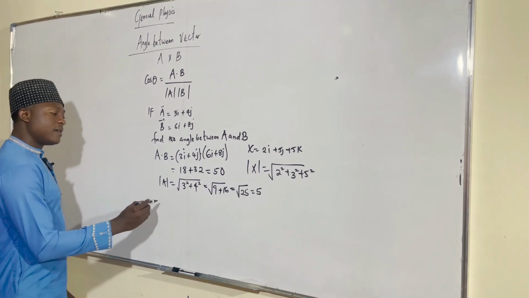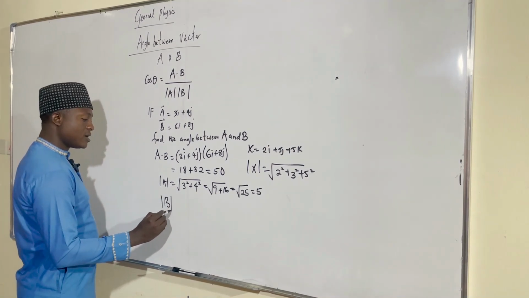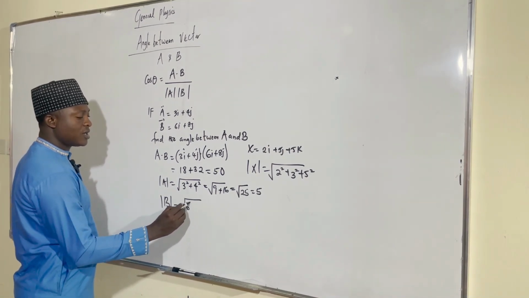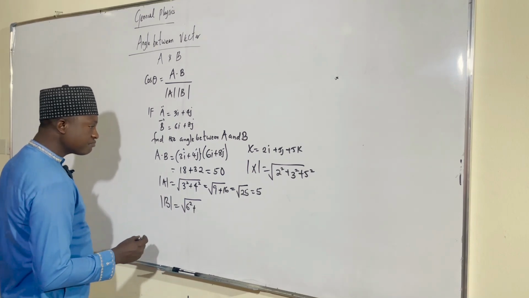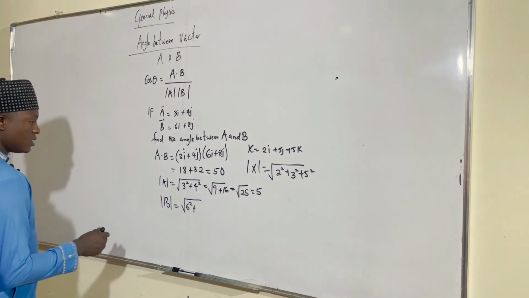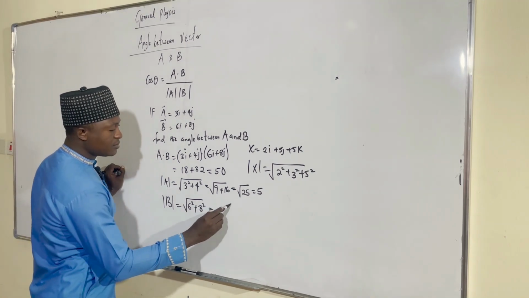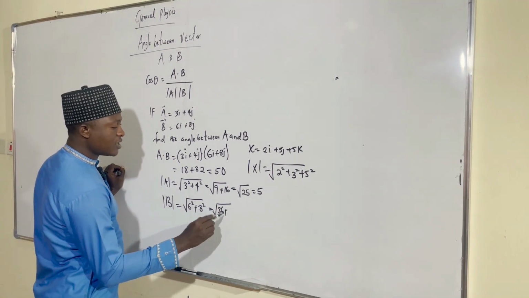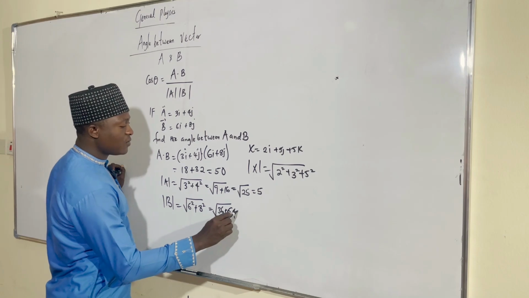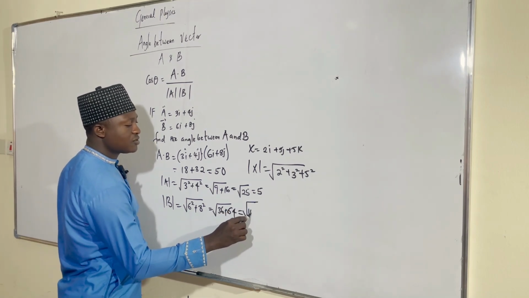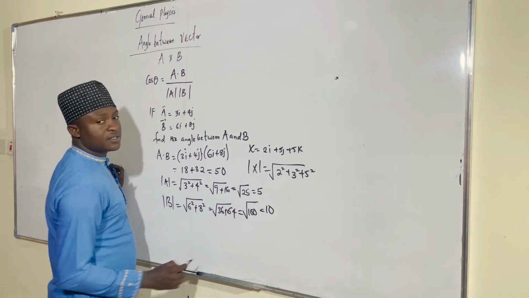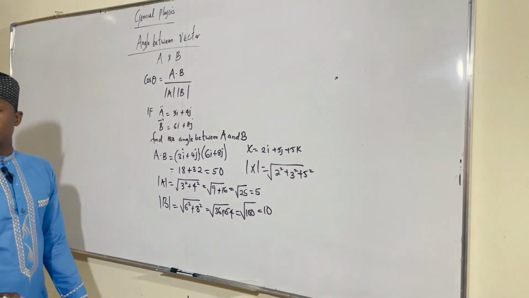Now let's find the magnitude of B. That's going to be 6 squared plus 8 squared. This is nothing but 36 plus 64, and that gives us 100, and that one is 10. So that way we have gotten all the data that we needed here.